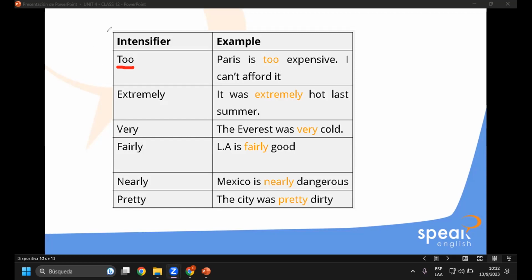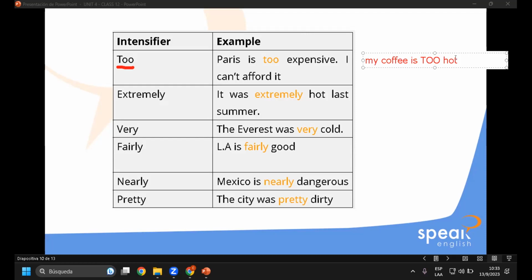Too hot. Exactly. So I can say that my coffee is too hot. I cannot drink it.